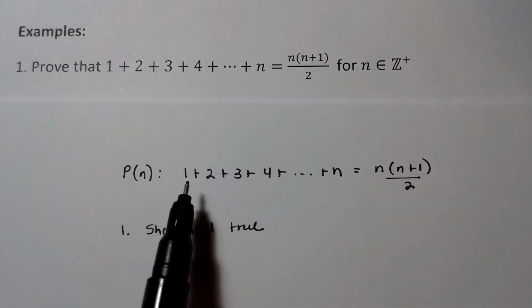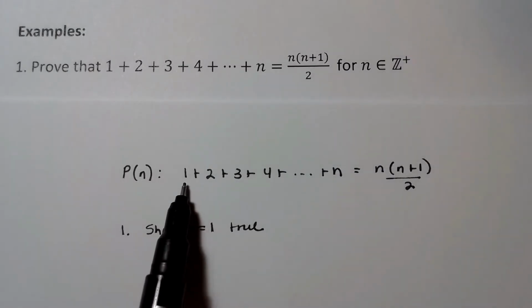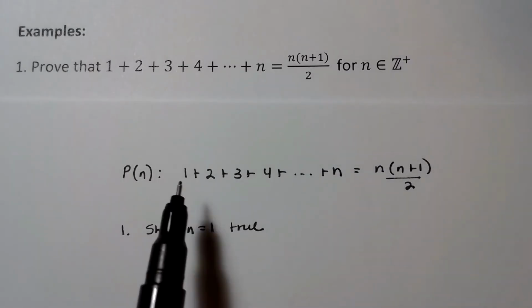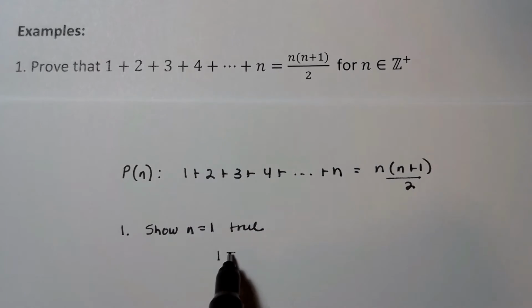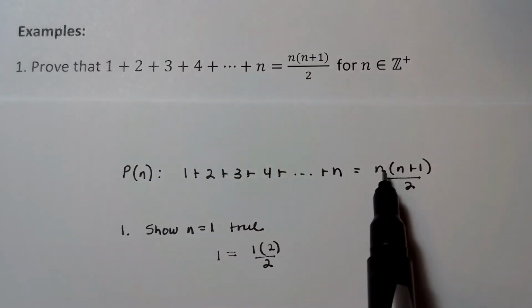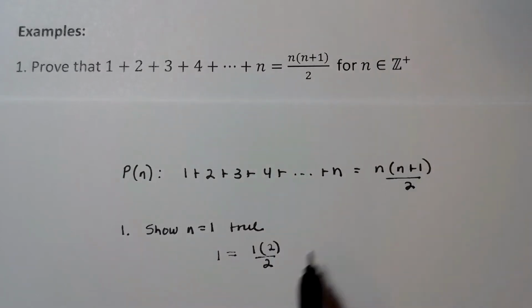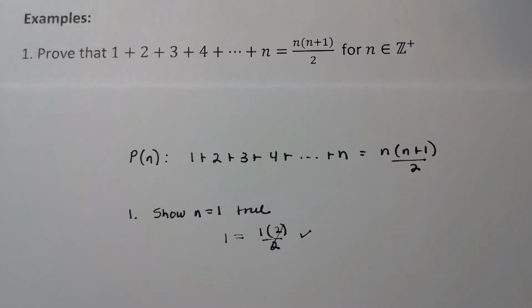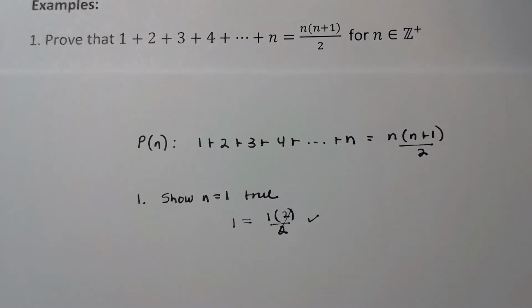In the statement, when n is equal to 1, the result is 1, so on the left hand side it's 1. If I plug a 1 into the right hand side for n, I get 1 times 1 plus 1, which is 2 over 2. I can cancel that out, and I see that the left hand side equals the right hand side, so I've shown that n equals 1 is true. Basis statement or basis step.